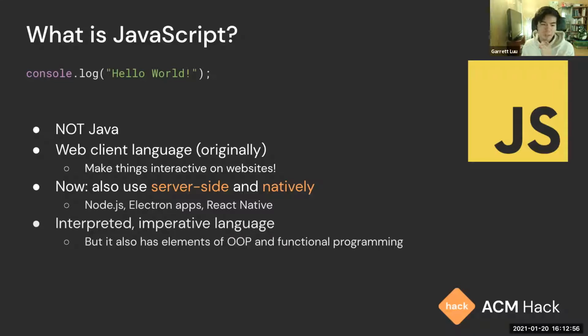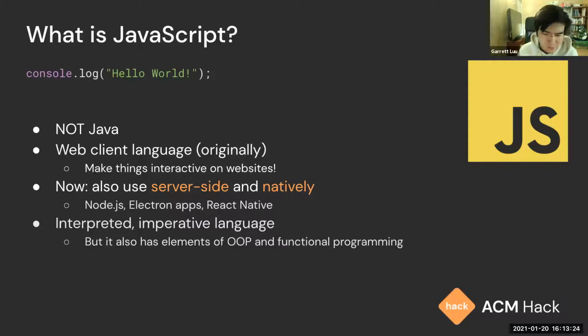And it's an interpreted language. That means that it's not compiled. Everything you write is going to get read and run at runtime. So this is basically kind of like Python. In fact, it is exactly like Python because Python is also interpreted. It's imperative because it gets run line by line, essentially telling things what to do.